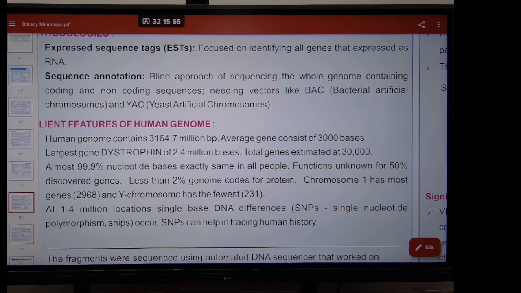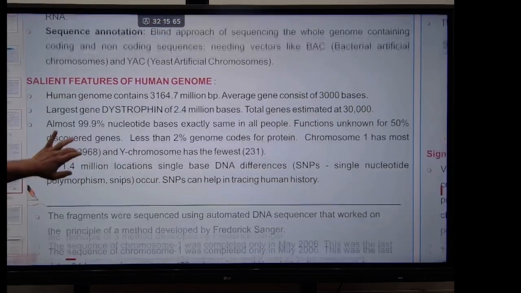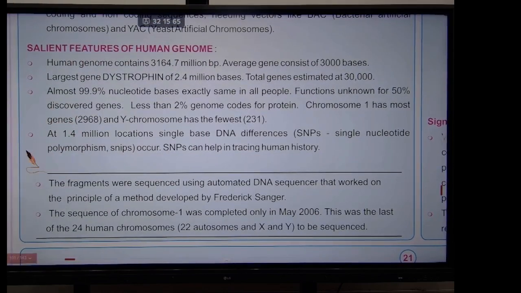A blind approach of sequencing the whole genome containing coding and non-coding sequences. In the first one, only coding sequences. That is called ESTs. In the second one, both coding and non-coding, and then joining them together using bacterial artificial chromosomes and yeast artificial chromosomes.